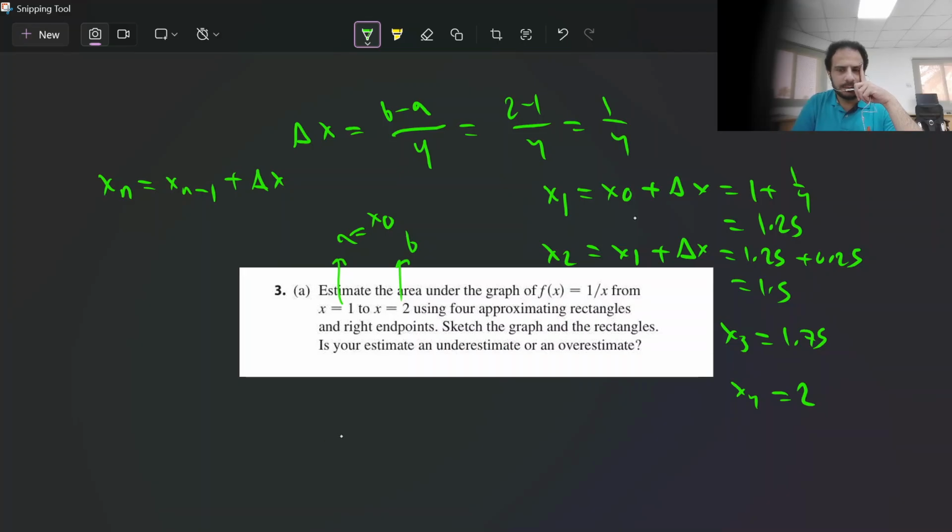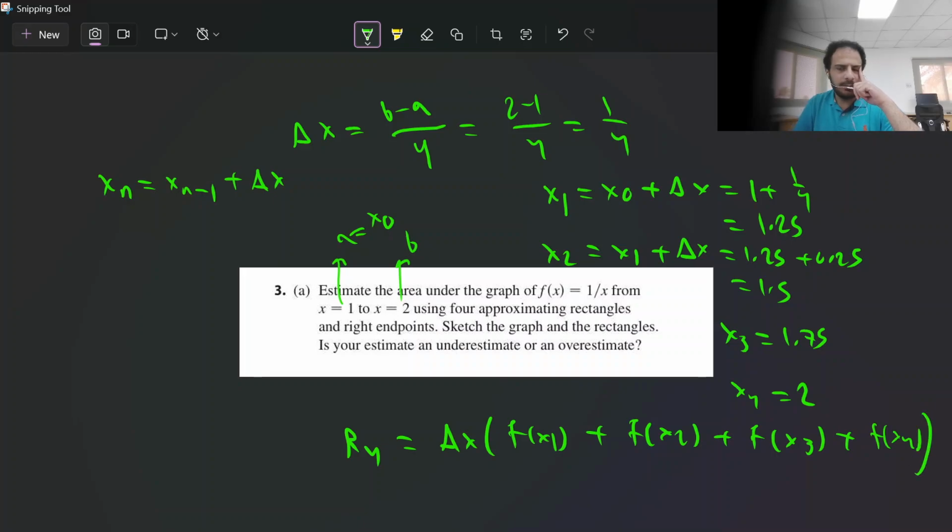So R4 equals 0.25, which is delta x, times f(x1) plus f(x2) plus f(x3) plus f(x4). You can take delta x as common factor. Good? You calculate these values using your calculator.